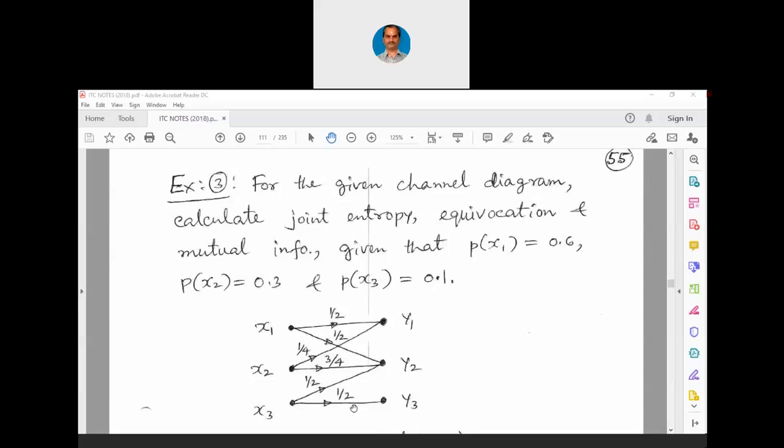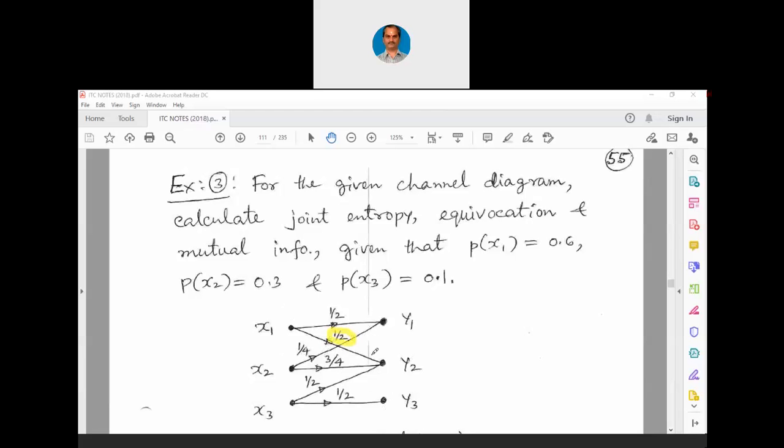Now, this is a very straightforward channel diagram. I will tell you, in the channel diagram, I can make a trick here when I give you questions. I may not give this at all. I may simply give this channel diagram. But in this channel diagram, you know that P of y3 slash x1 is not at all indicated.